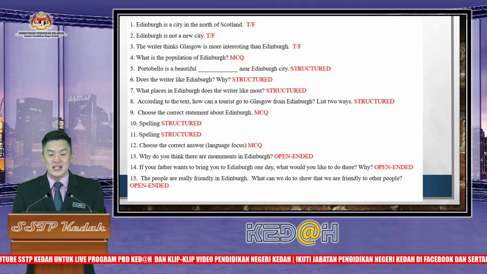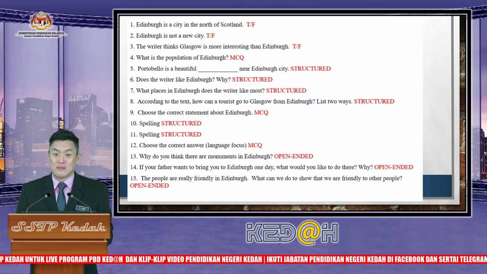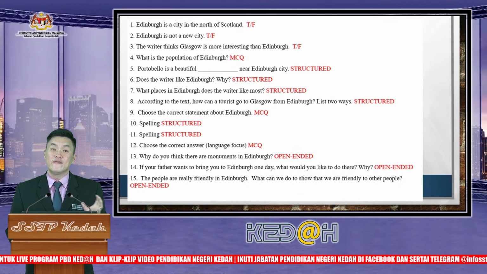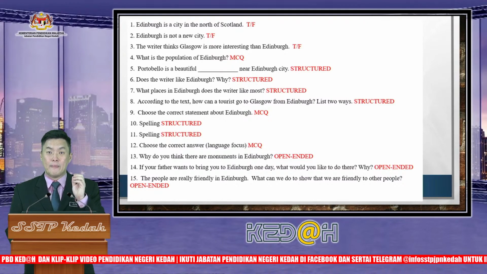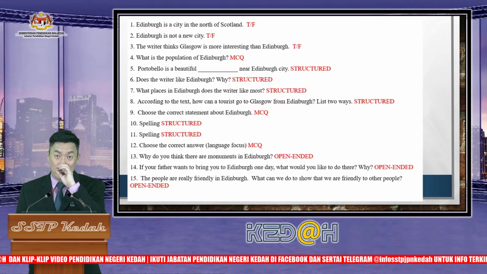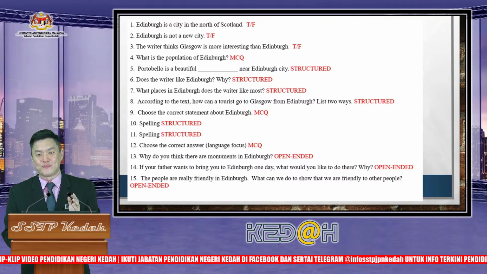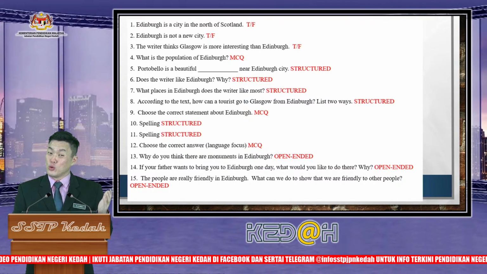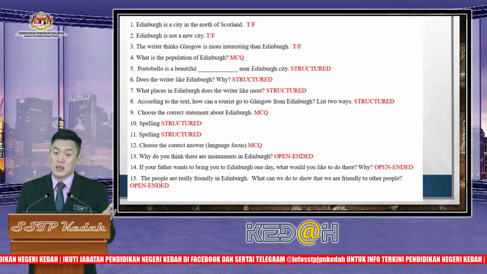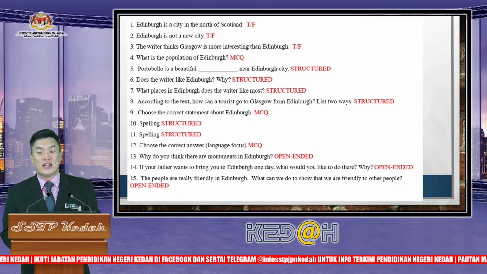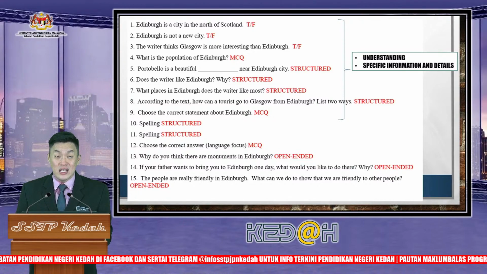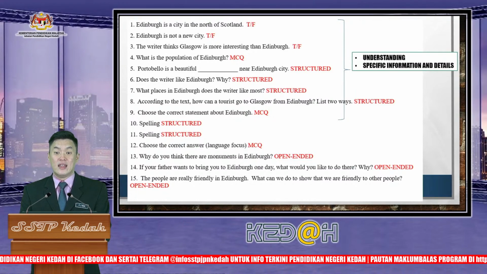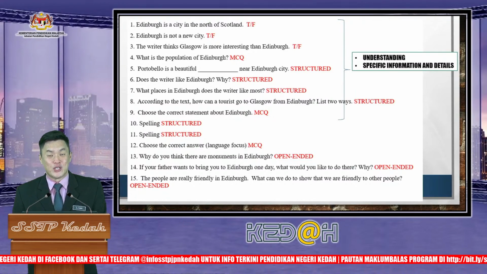Okay, now these are the questions that I've asked in my Google form. I have a variety of questions. Mostly it is about the specific information and details in the text. I've asked true or false questions, multiple choice items, structured, and also open-ended. They mainly test understanding, to check if they have understood the specific information and details.